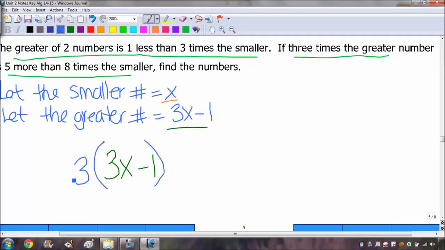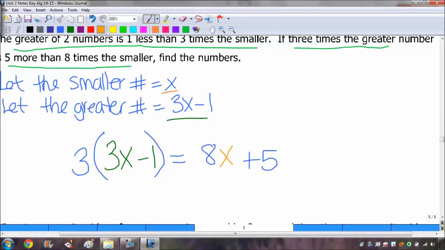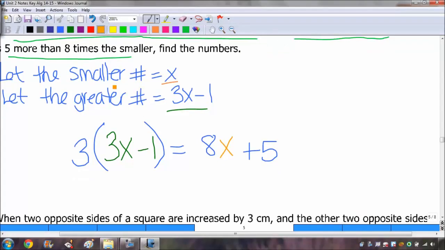So if 3 times the greater number is, so that means I have to say equals, 5 more than 8 times the smaller, so that means I'm going to have to add 5 eventually, okay? And it's 5 more than 8 times the smaller, so the smaller is x, so I'm going to say 5 more than 8x, or 8x plus 5, find the numbers. Now I can just go through and solve my equation without any problems.